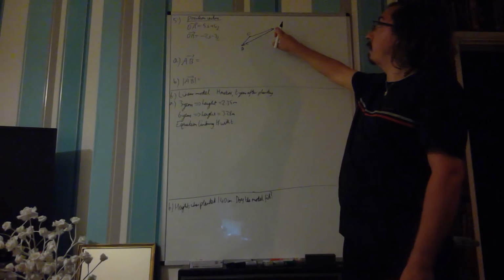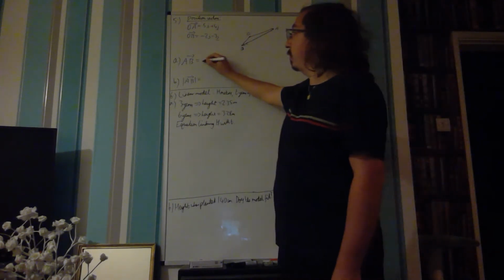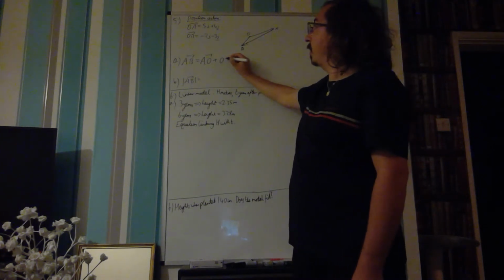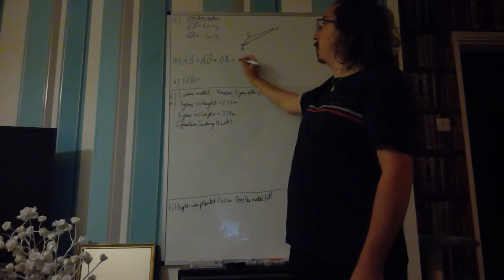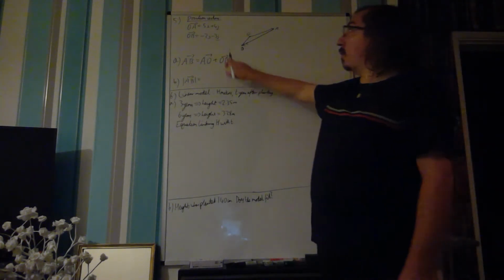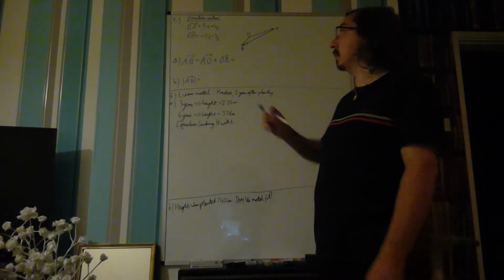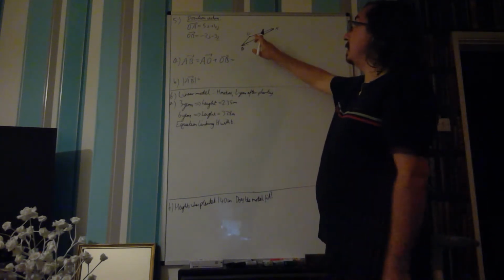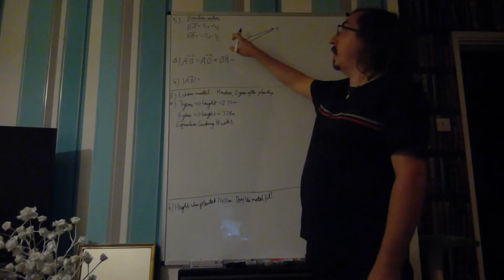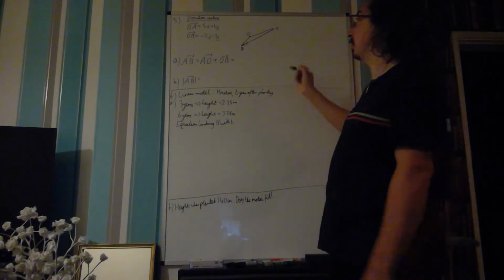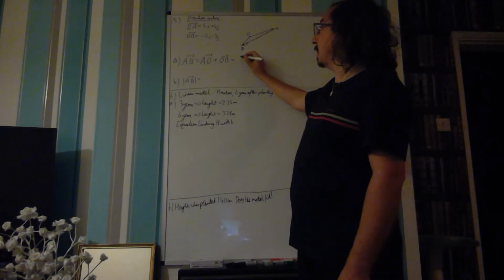But we can go from A to O, and then we can add on the path from O to B. Now we do have information about that. Now the vector OB, fine, we've got what that is. We don't have quite the vector AO, but all that means is if we're going from A to O, it's the same vector just with negatives in each direction.